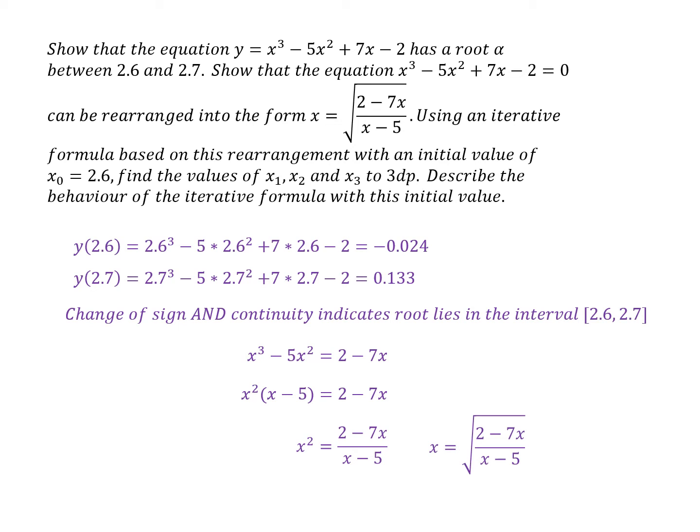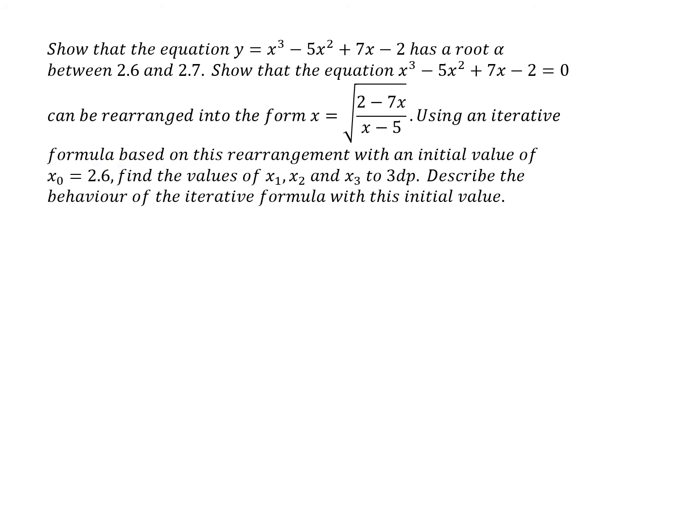Okay, so now we've got to use an iterative formula based on that rearrangement. So what we have to do is to change these x's to xn and this x to xn plus 1. So when we do that, that's the iterative formula that we get.